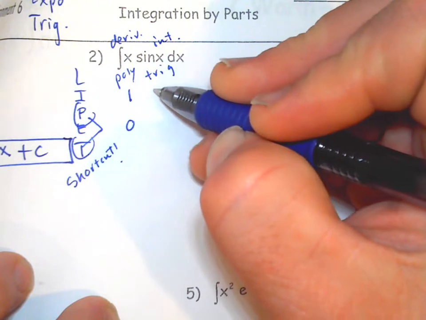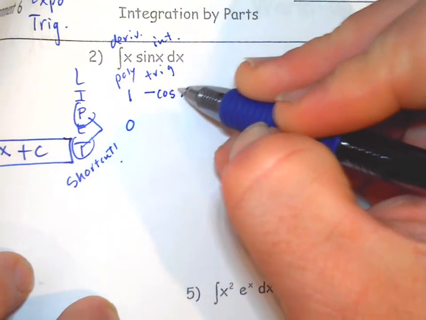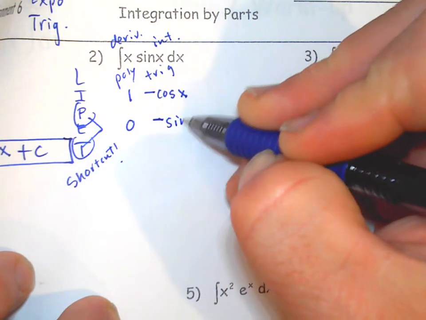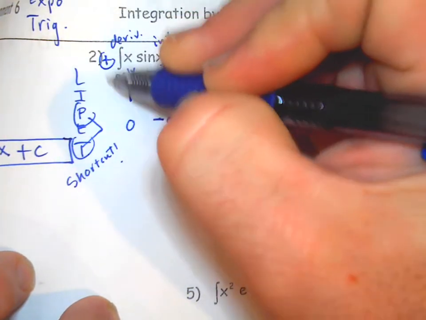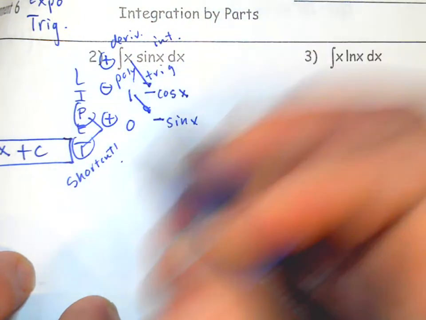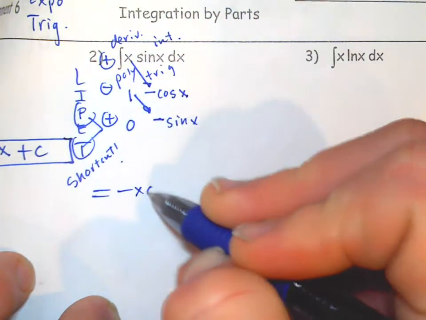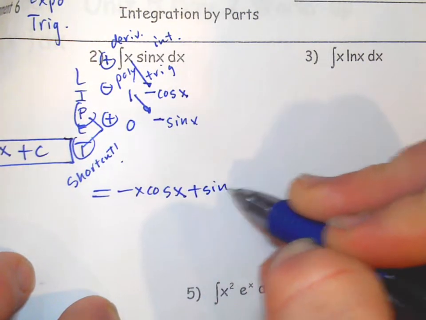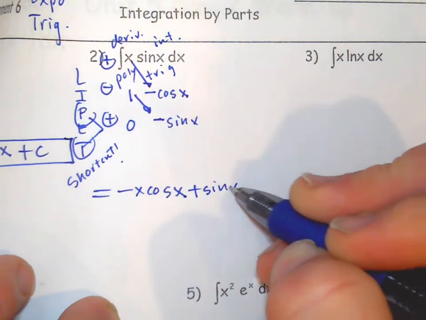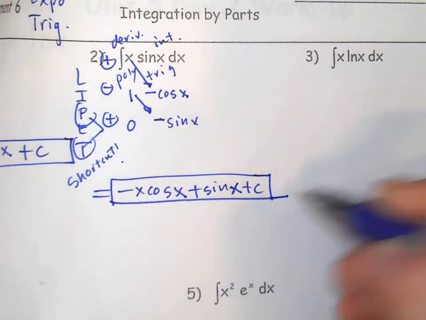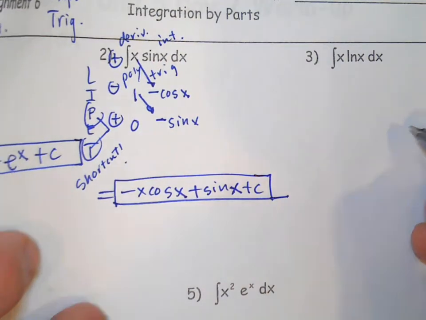So the antiderivative of sine is negative cosine. Antiderivative of negative cosine is negative sine. Plus, minus, plus. Multiply the diagonals. So this is going to be negative x cosine x plus sine x, negative times a negative, plus c. Shortcut.